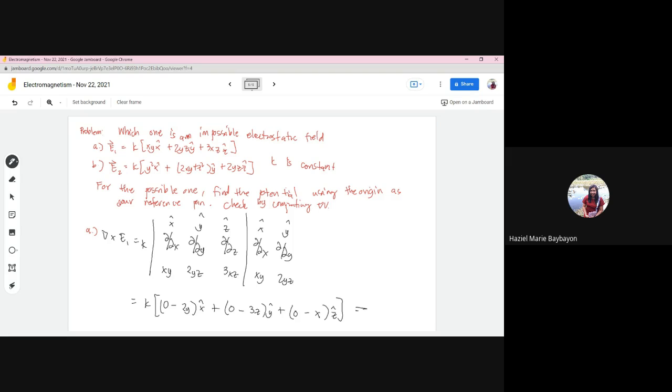Okay, so this is not equal to 0. Therefore, E1 is an impossible electrostatic field.